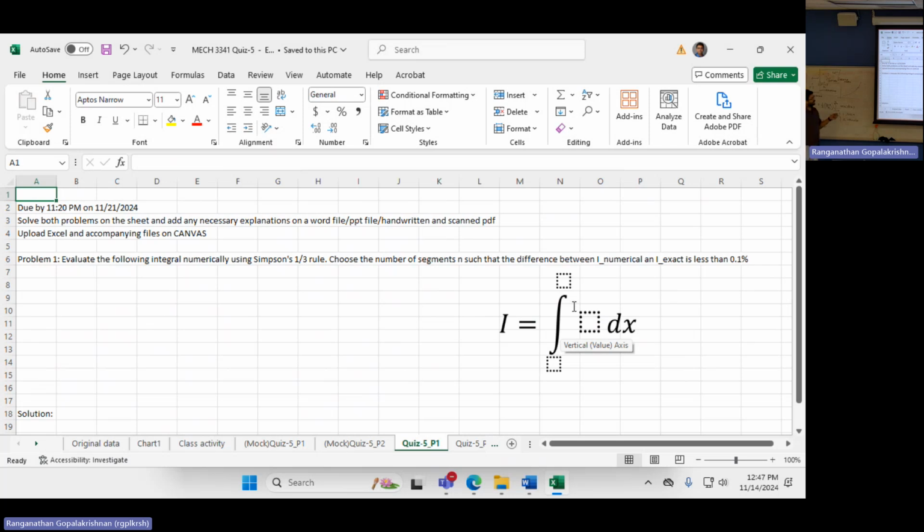If you give me time until the end of today or maybe by tomorrow morning, I will update this question and post it so that you can start working on your quiz. The quiz is due by Tuesday, 11:20 a.m. Upload it on Canvas. So you get Friday, Saturday, Sunday, Monday until Tuesday morning to work on this. I'll post this as soon as I can, no later than midnight or so.